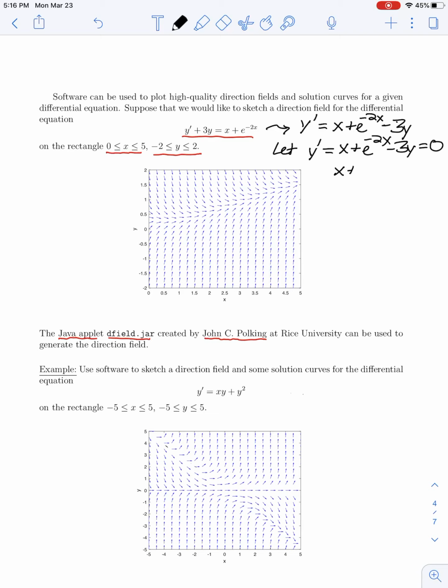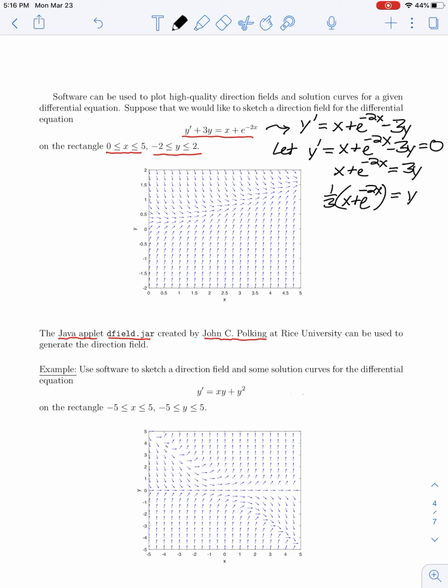So here we have x plus e to the negative 2x equal to 3 times y. If I solve for y, I would have 1/3 of x plus e to the negative 2x.